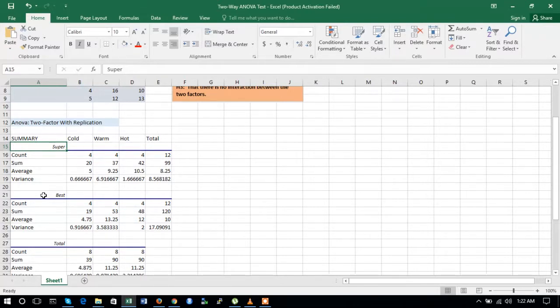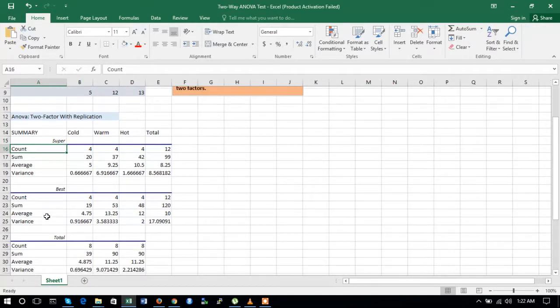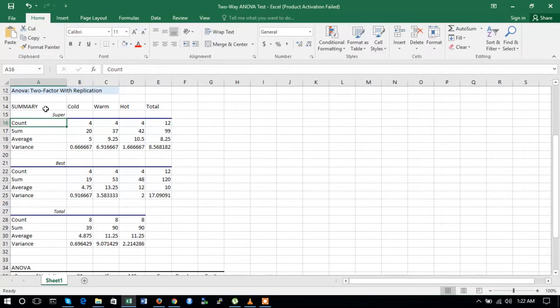These are the various parameters for both of these categories, like the count, the sum, the average, and the variance, in the same way for the best item as well. You can also see the summary statistics for the total of all of these products over here.